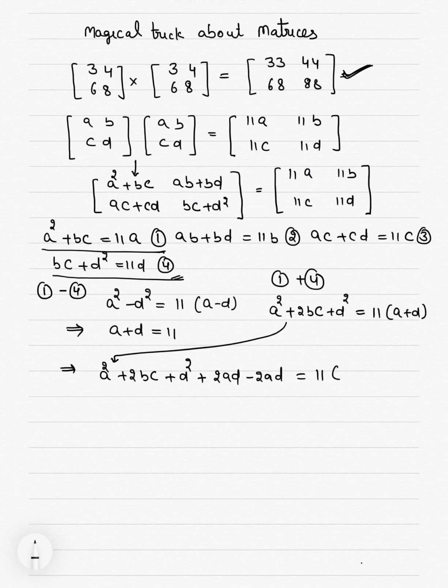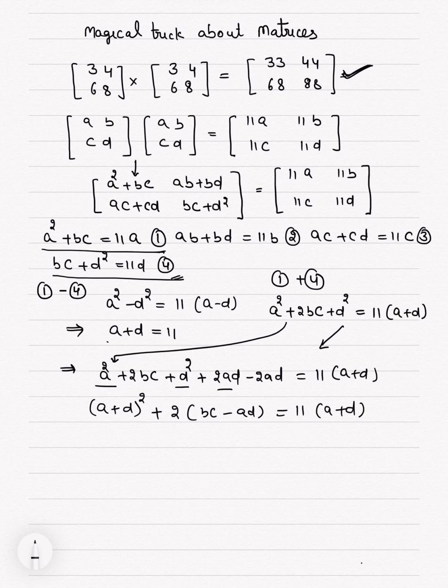And here you will get the same as per this example, but now here you can get A plus D whole square, and by taking 2 common you will get BC minus AD is equal to 11 times A plus D. Now, we know that A plus D is equal to 11.